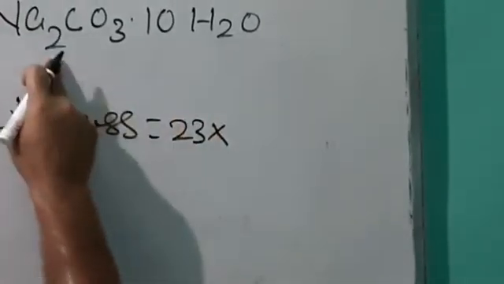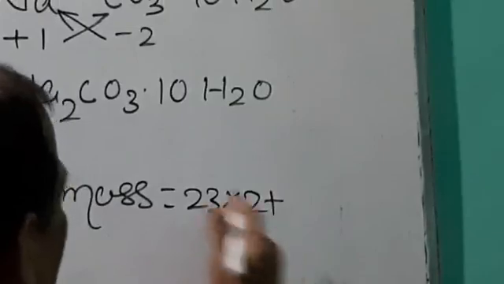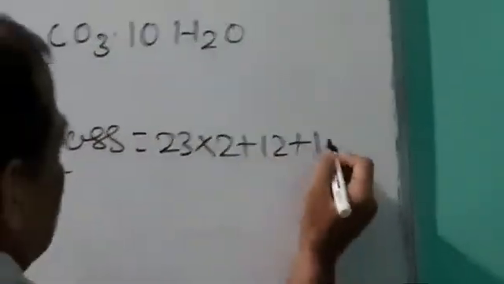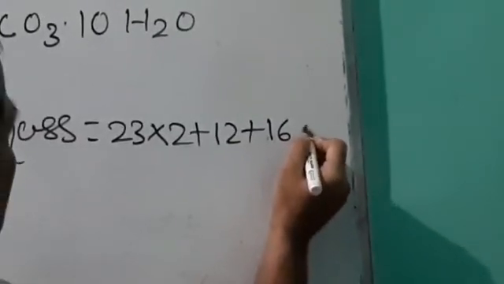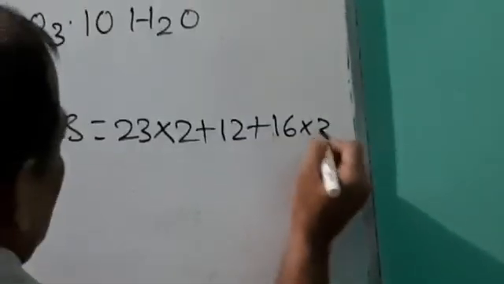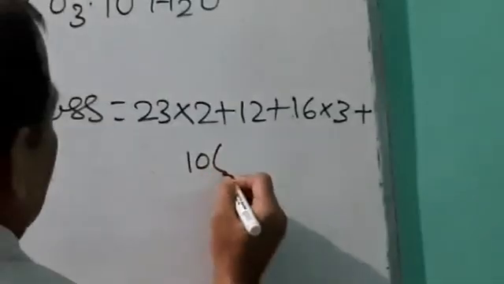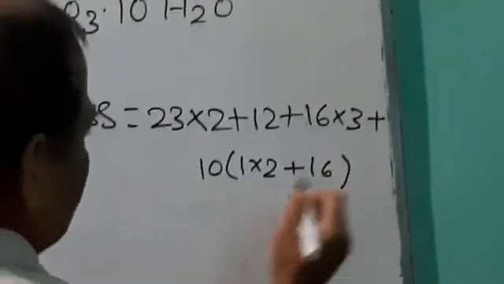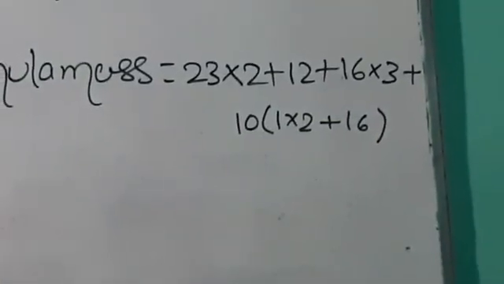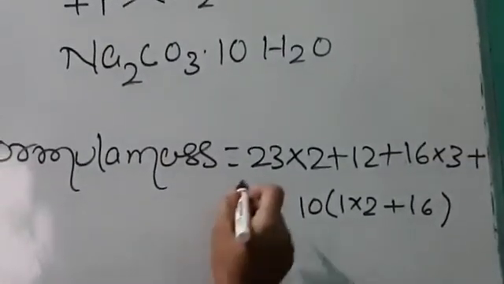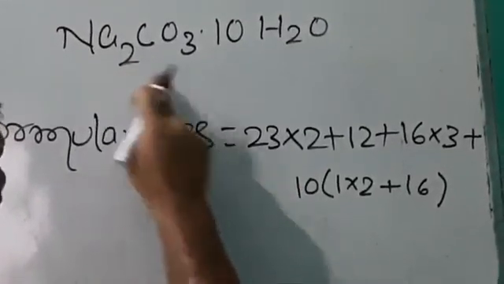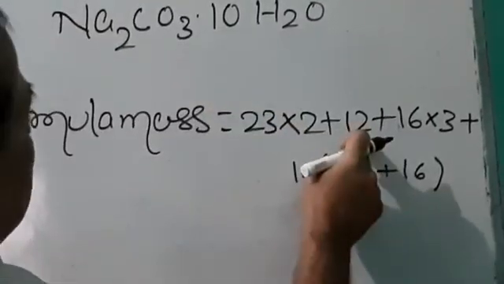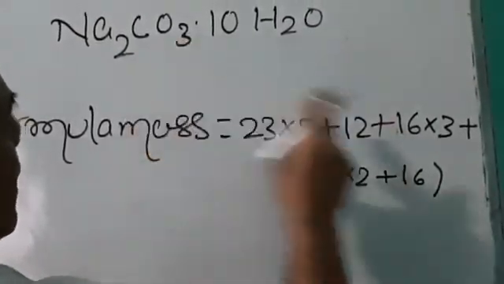How many sodium? 2. 23 into 2 plus carbon 12 plus oxygen 16.